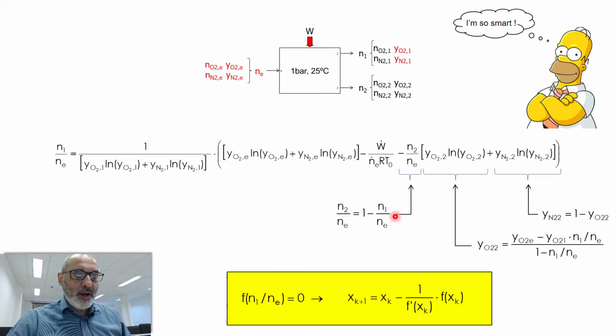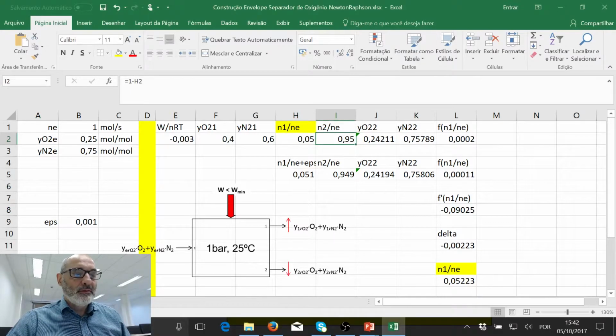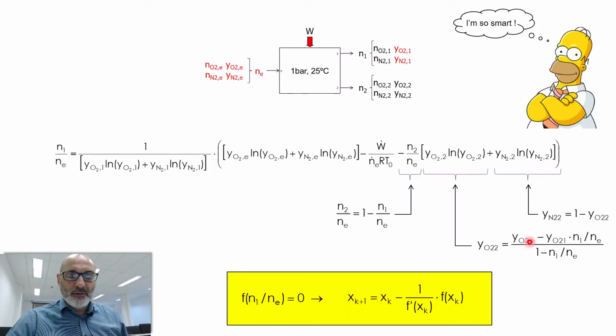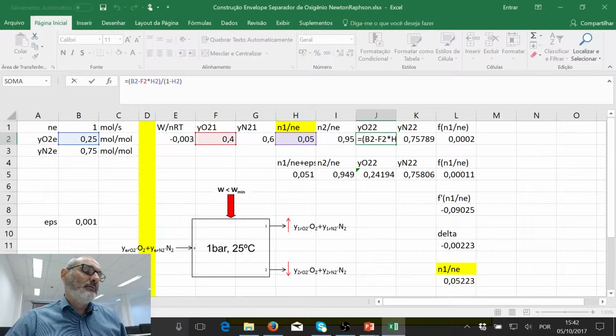If I already estimated n1 divided by ne, I can calculate n2 divided by ne, which is here: 1 minus H2, where H2 is the cell H2, so I have 0.95. The concentration of oxygen at exit number 2 is this formula here, implemented in Excel.